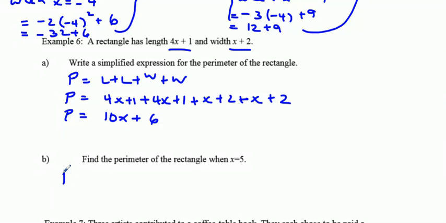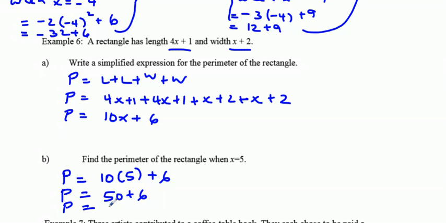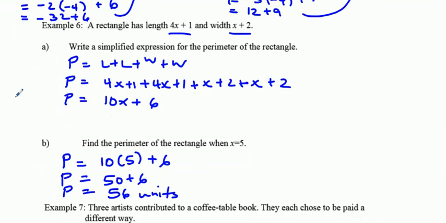What is the perimeter when x equals 5? Well, I'm just going to substitute in x equals 5 and evaluate P. So this is going to be 50 plus 6, and this would be 56. And I don't know what the units are because it didn't give me units here, so I'm just going to say units.